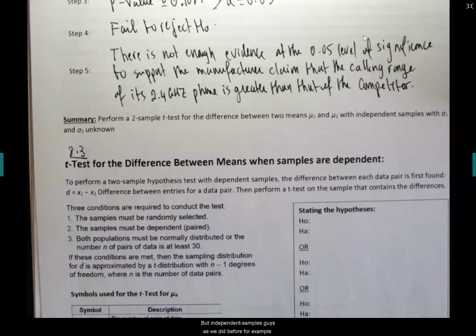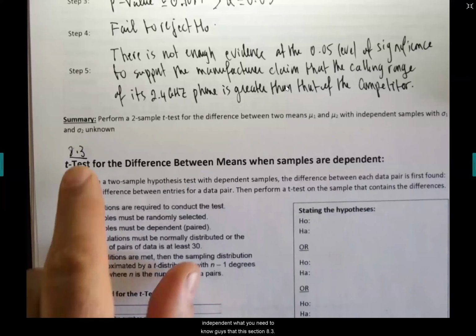But independent samples, guys, as we did before, for example, the salaries of 15 male workers at a factory, and then another sample will be the salaries of 20 female workers at a different factory. These are independent samples. So there is a big difference between dependent and independent.